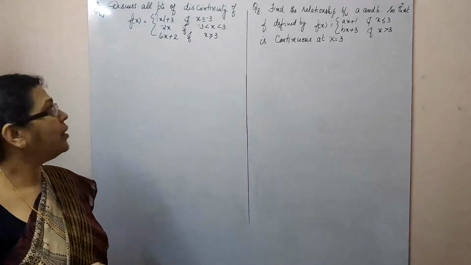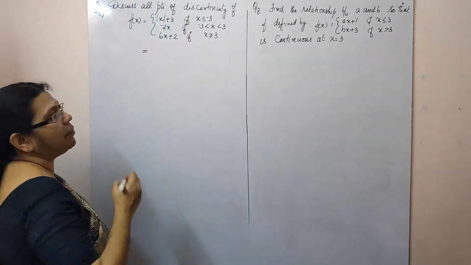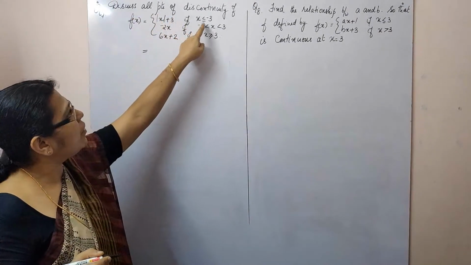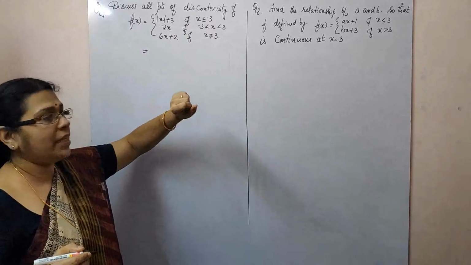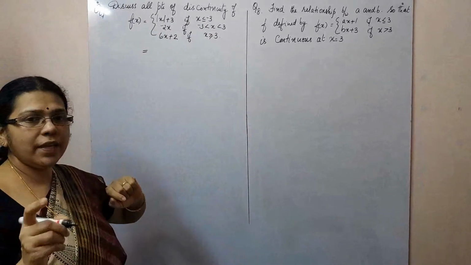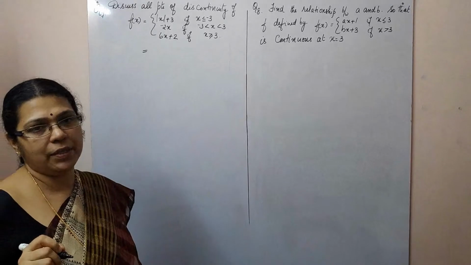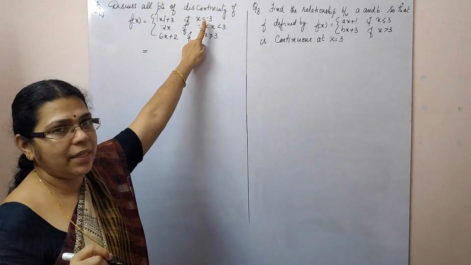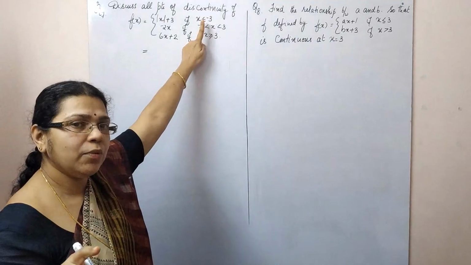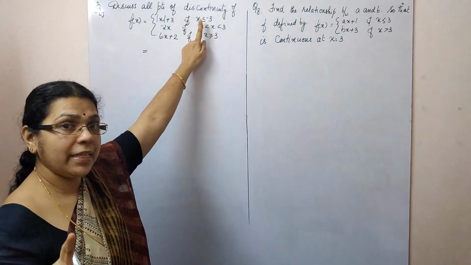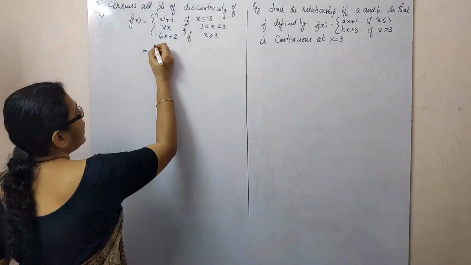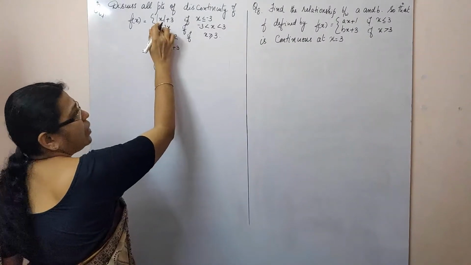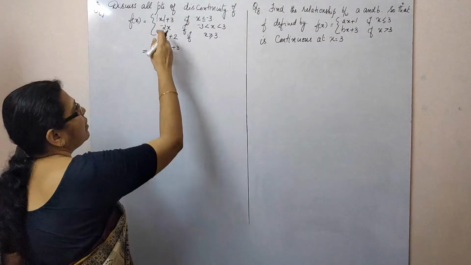So, let's see this function once again, because there is a mod x. When you take mod x for the values of x less than or equal to negative 3, mod x will give you positive x or negative x. Just think about it. For x less than or equal to negative 3, mod x is equal to negative x. So, I can rewrite this function as negative x plus 3, because mod is only for x, not for the entire x plus 3.